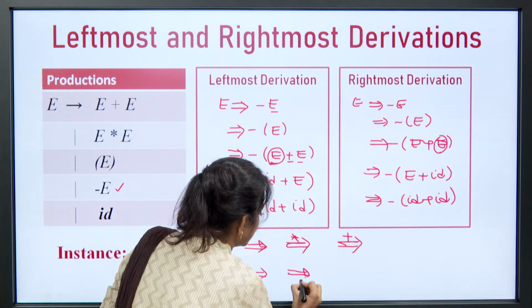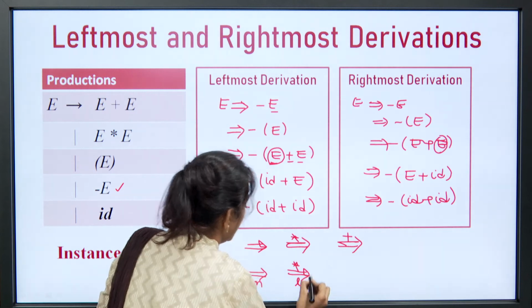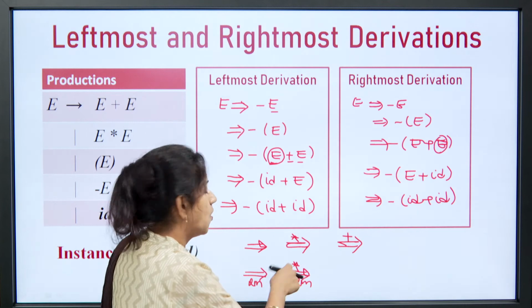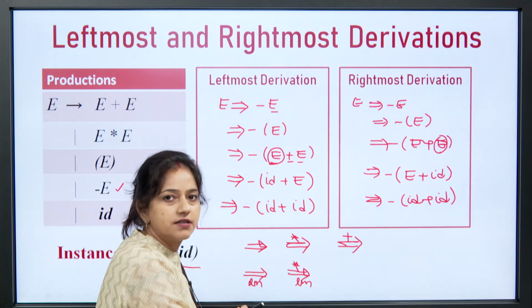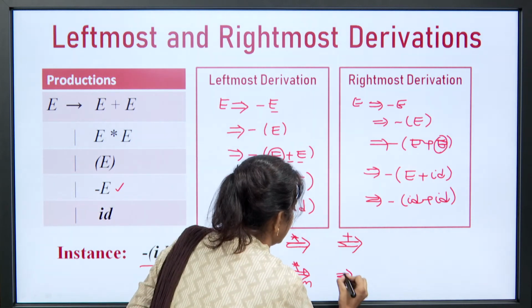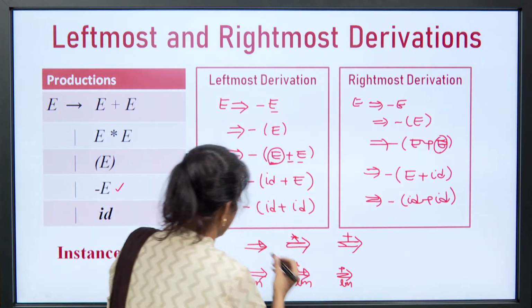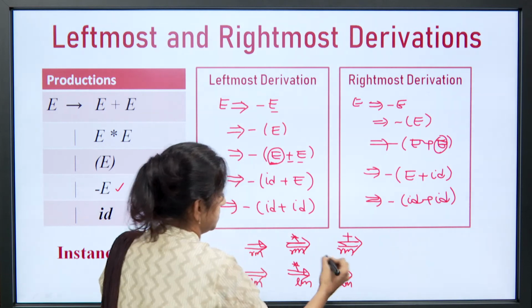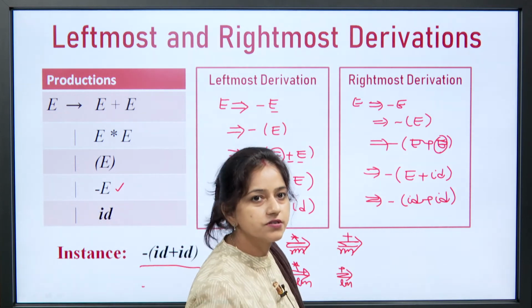Similarly, we can write it like this, meaning LHS derives RHS in 0 or more steps using leftmost derivation. Similarly, we can interpret these notations, where we can have RM, RM and RM. So it means obtain it using rightmost derivation.